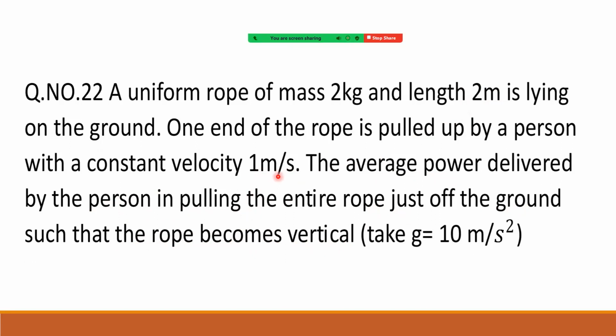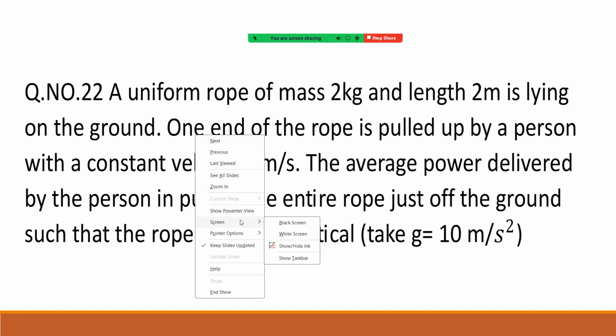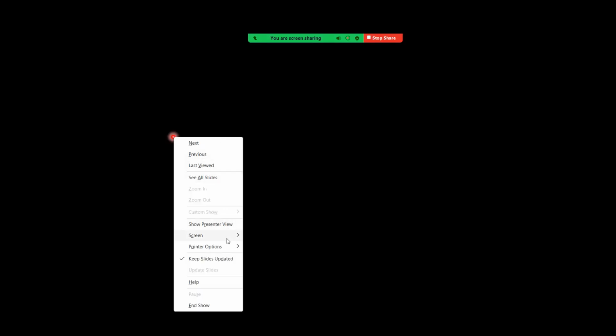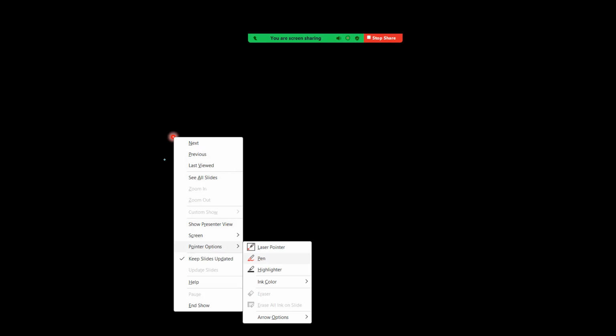2 seconds, and given constant velocity and mass is 2 kg. So average power delivered, see how we calculate that. So first write down the given data. Mass given, that is 2 kg. Rope length is given 2 meter.